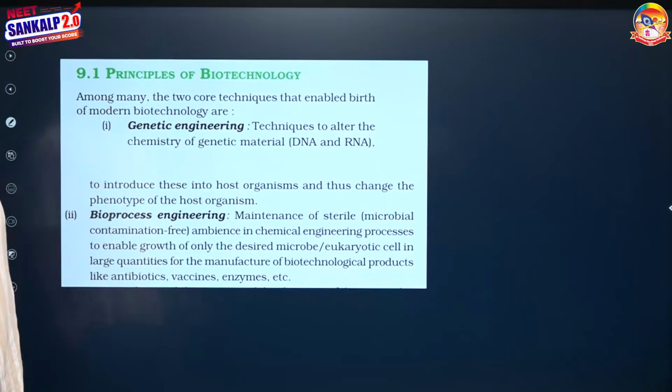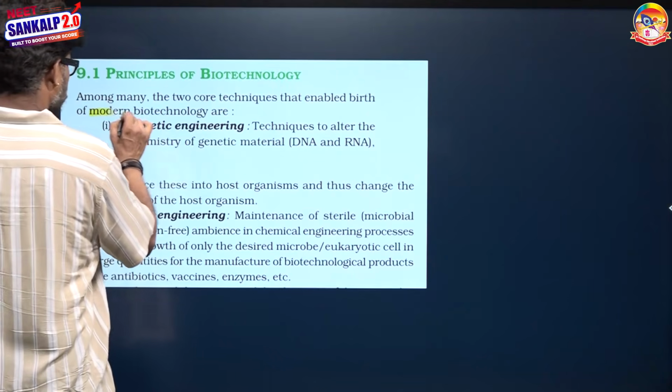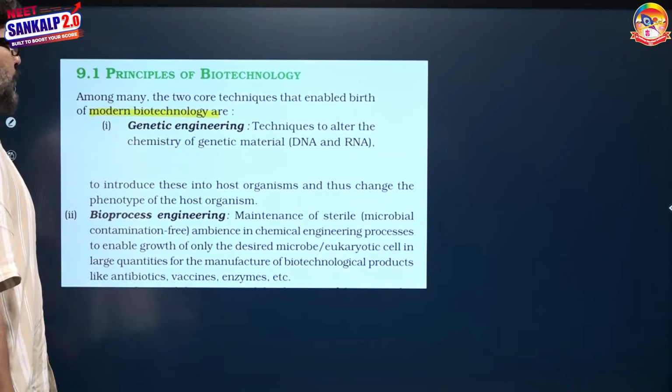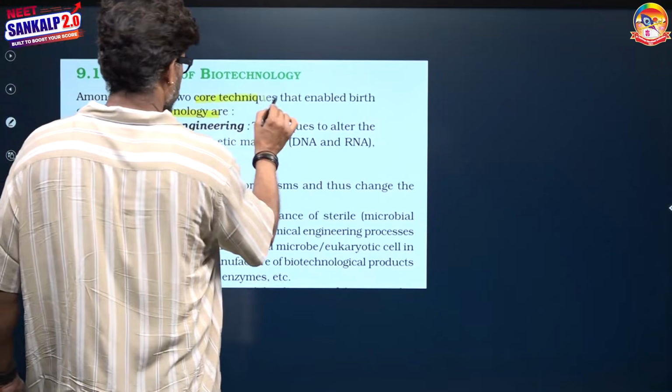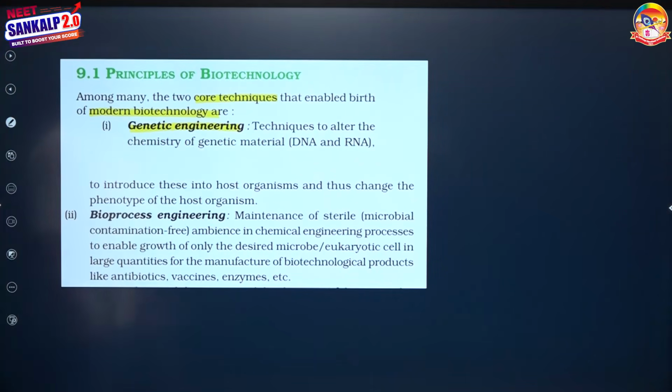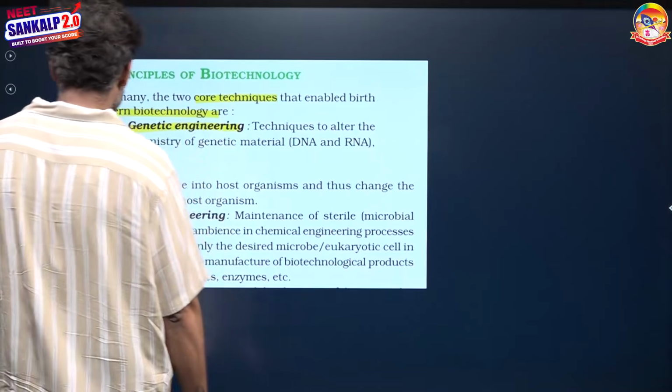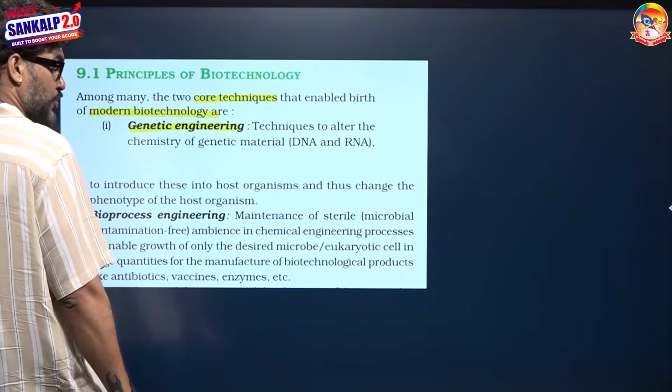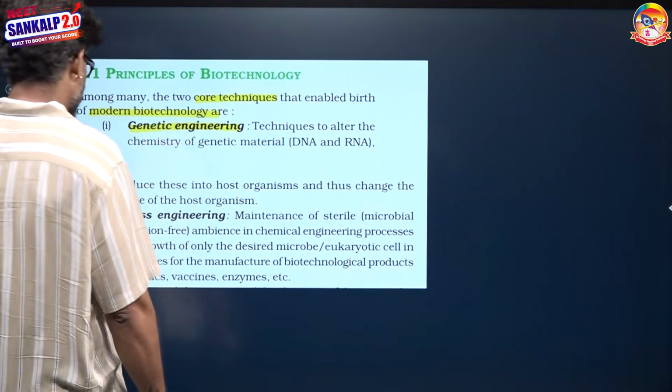Principles of biotechnology. Development of modern biotechnology was based on two core techniques. Number one, genetic engineering, means the technique that alters the chemistry of the genetic material to introduce it into the host organism and thus change the phenotype of the organism.